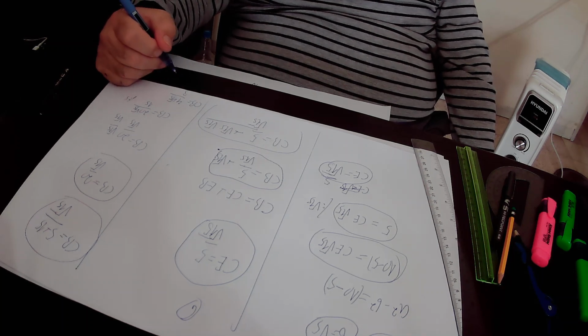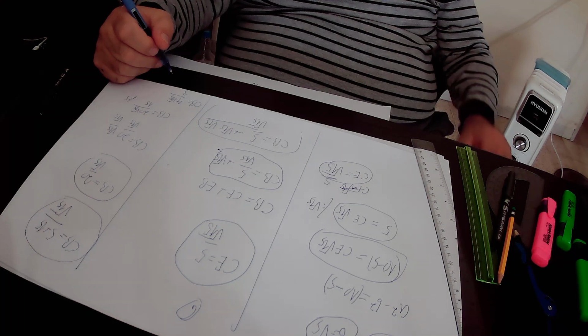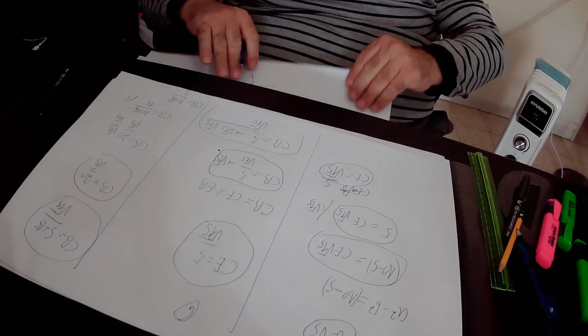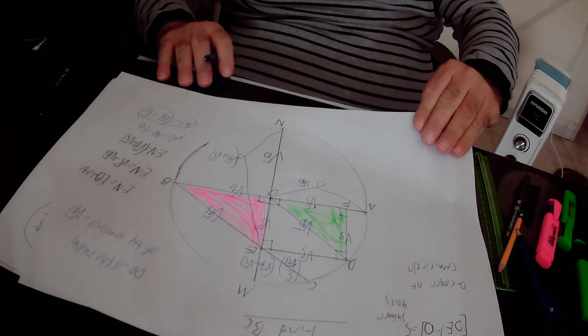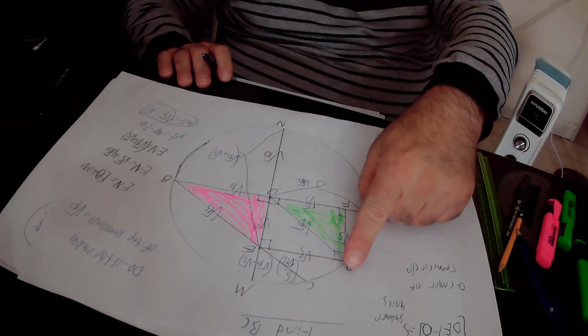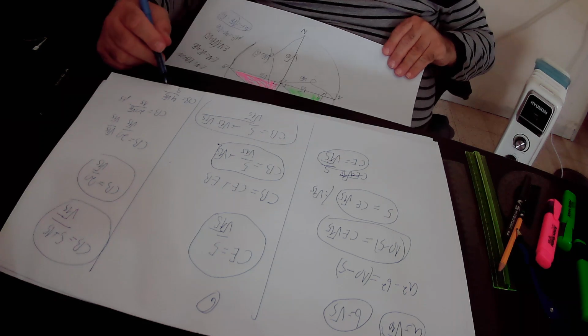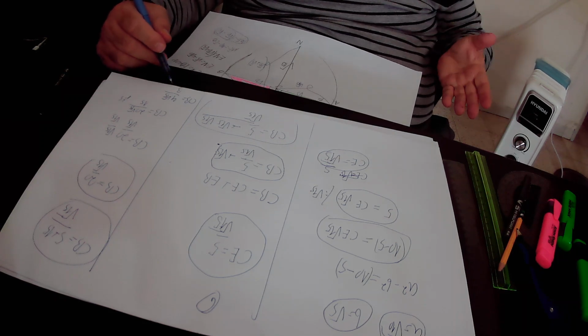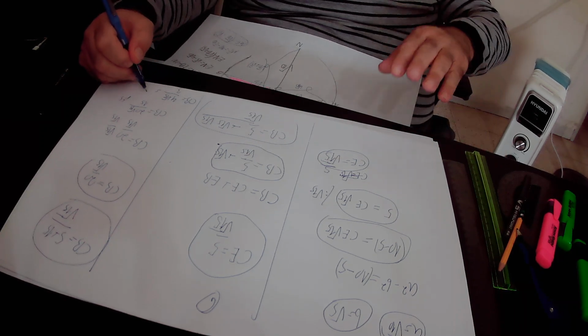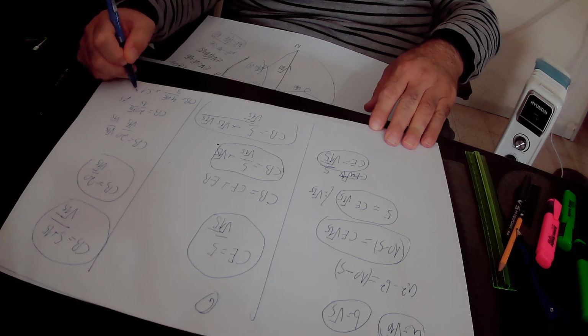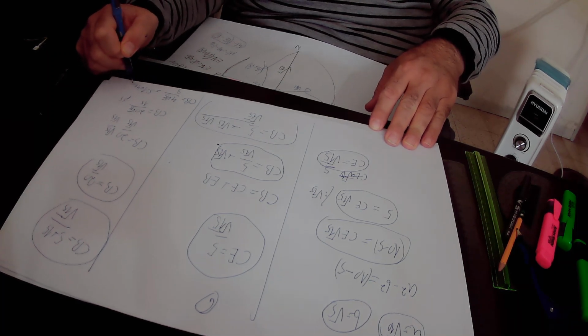So in conclusion, we found out that the length of this chord CB is equal to 4 times square root of 15 over 3 units, or in terms of numbers, 5.164 units.